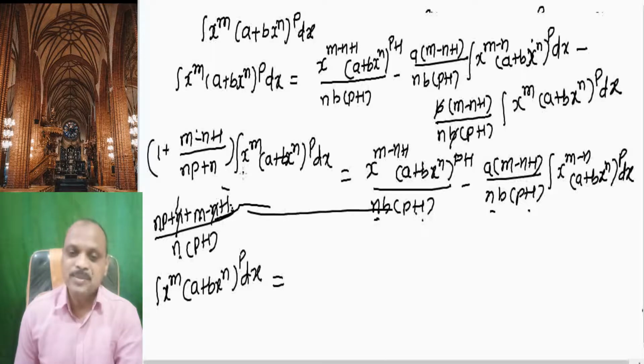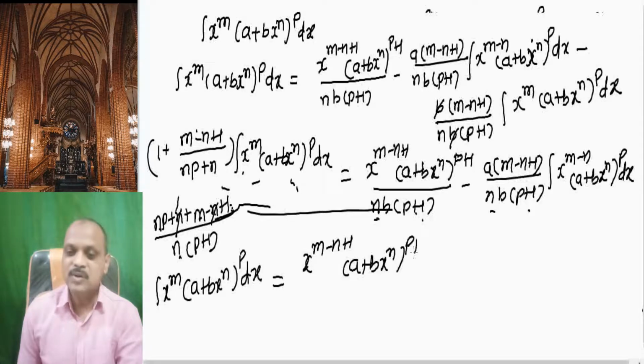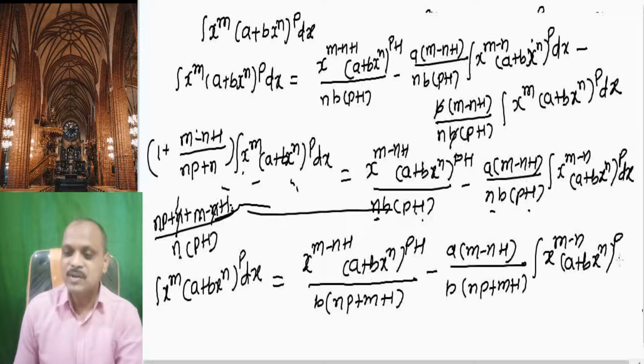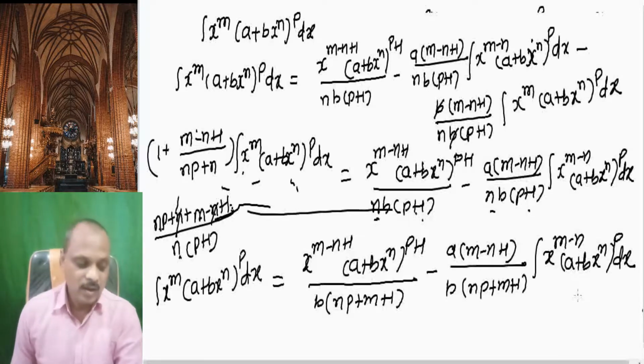This is in the multiplication of this integration, and we are taking this term to the right side. If we take this term to the right side, we will have (a plus b x raised to n) whole raised to p plus 1, divided by b into (np plus m plus 1), minus a into (m minus n plus 1) divided by b into (np plus m plus 1), into the integration of x raised to m minus n into (a plus b x raised to n) whole raised to p into dx.